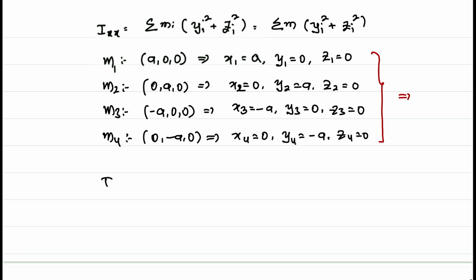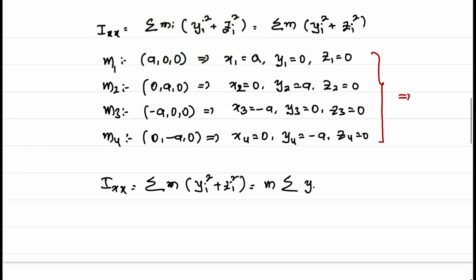That implies, for Ixx, sigma m (yi square plus zi square) is equal to m into sigma (yi square plus zi square), where i is equal to 1 to 4.